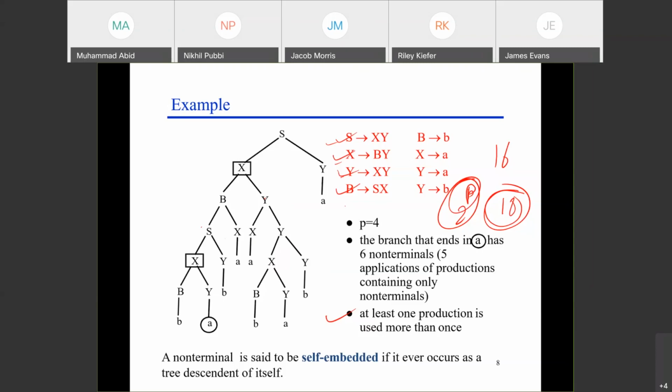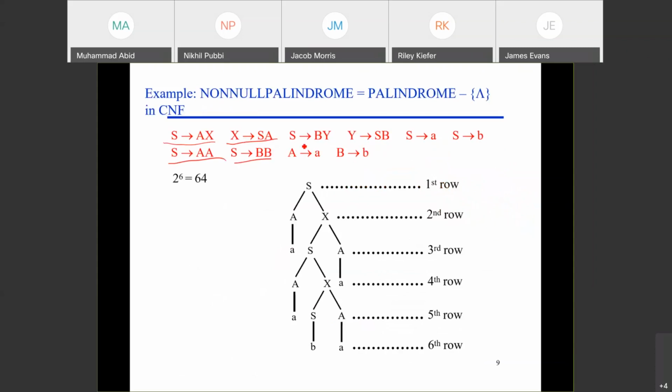Now, how many live productions here? 1, 2, 3, 4, 5, 6. 6 live productions. So 2 raised to power p is 2 raised to power 6, which is 64.